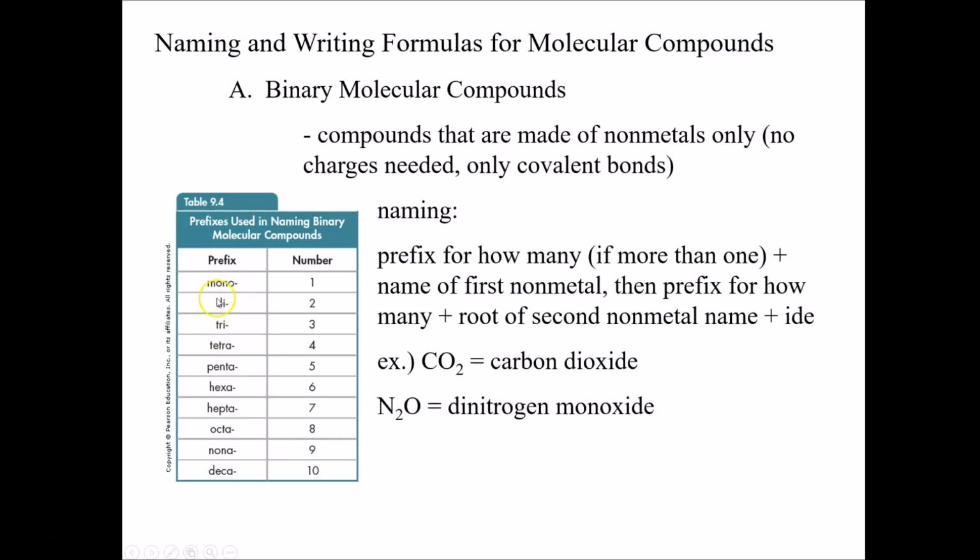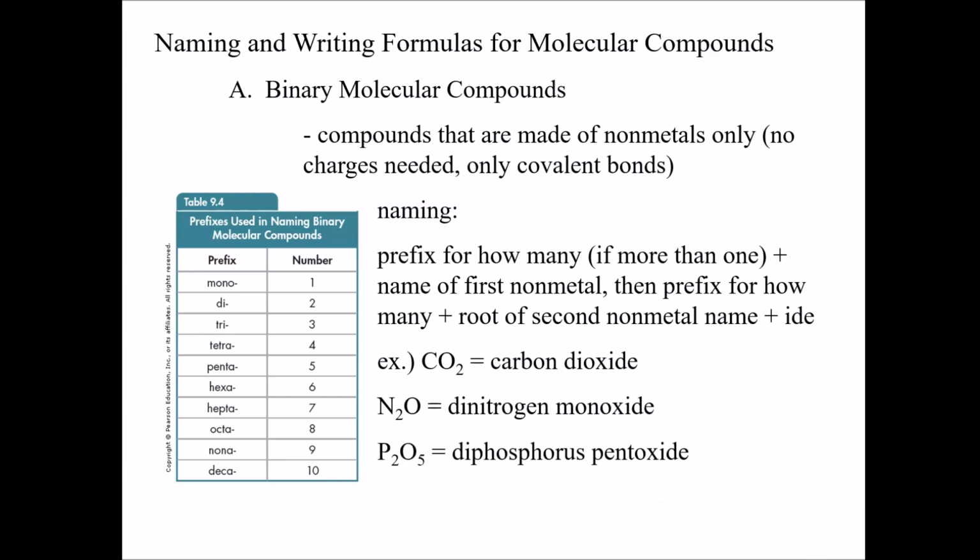Unless it's di or tri, because we don't drop i's. Because really, if you dropped an I off of di, you wouldn't have hardly anything left. You just have a D. It'd be hard to tell what that was supposed to mean. So we don't drop the i's off of di or tri, but we do drop the O off of mono or the A off of any of the other ones if it would have meant there was going to be two vowels in a row.